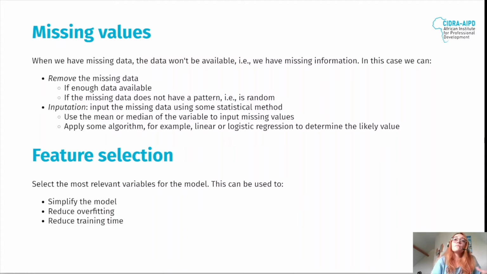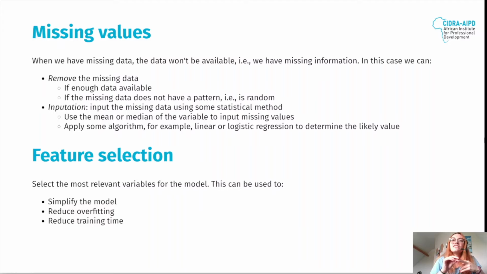But you can also apply some algorithm, for example, a linear or logistic regression, to determine the likely value of that missing value. So you're missing some weight information, but you have everything else. You have age, you have BMI, you have everything.